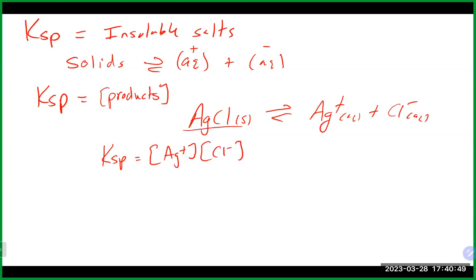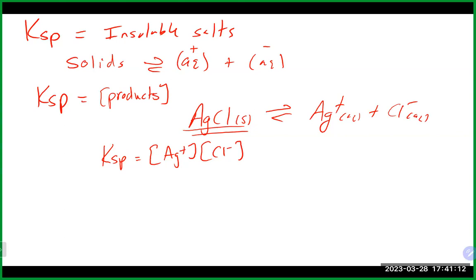Now, even though, based on solubility rules, silver chloride is insoluble, even things that are technically insoluble based off of those rules have some degree of solubility. So even if it is a very, very small amount, it will break apart into some ions here.